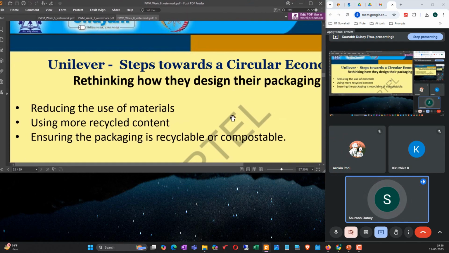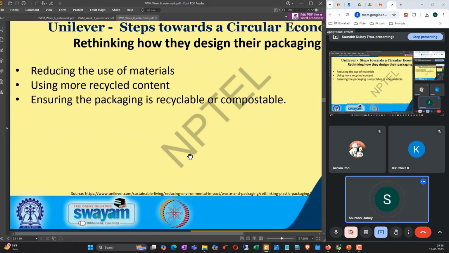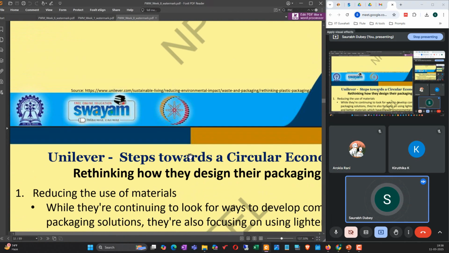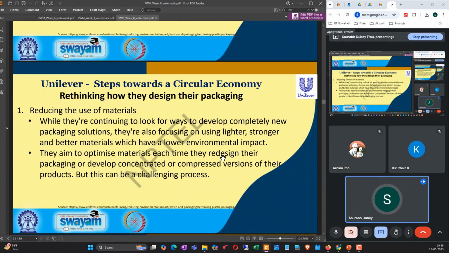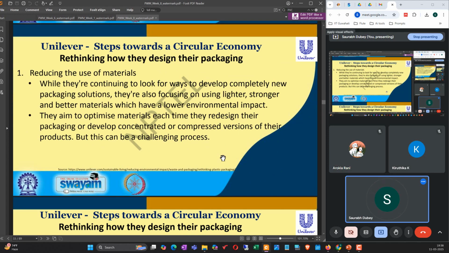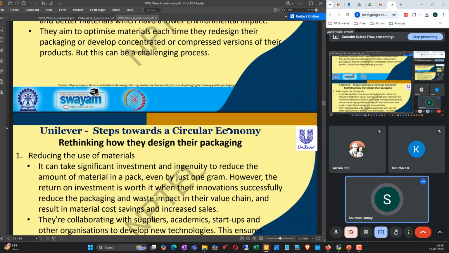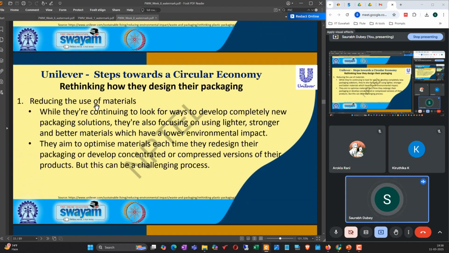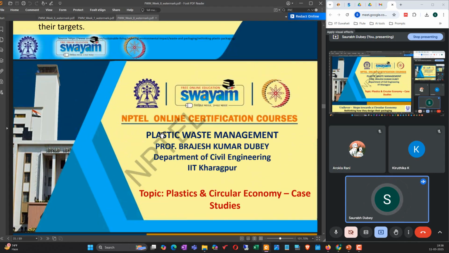Now the companies have also started thinking that there is a problem, and that it has to be taken care of at the source level only, right? So the Unilever case has been discussed very thoroughly. There is the rethinking of how they design the packaging, and the detailed discussion of that was there.